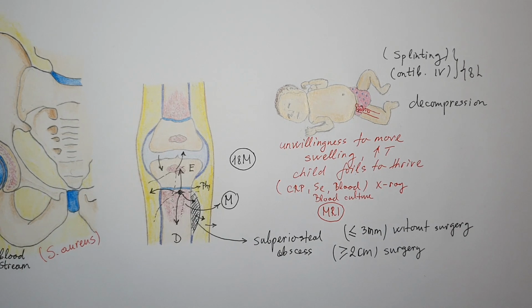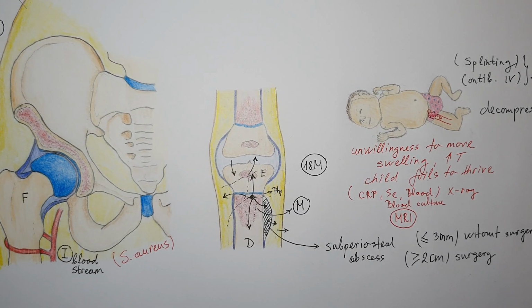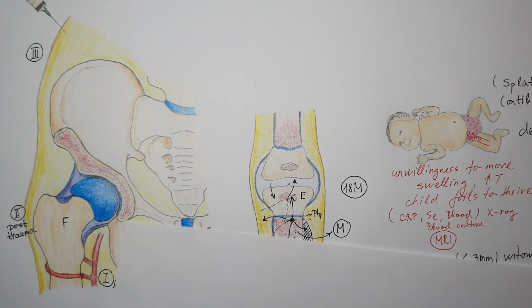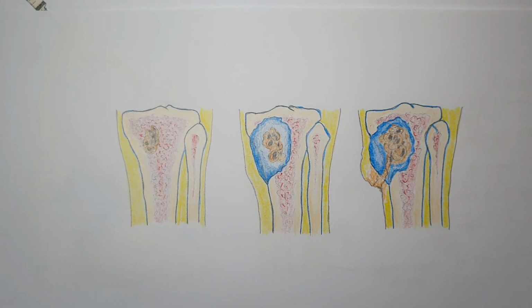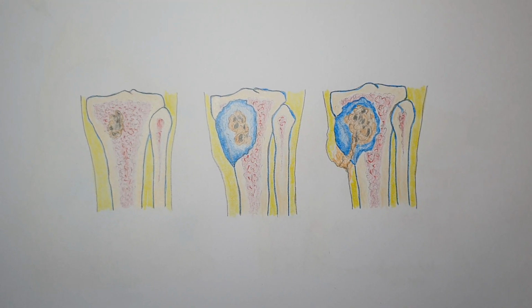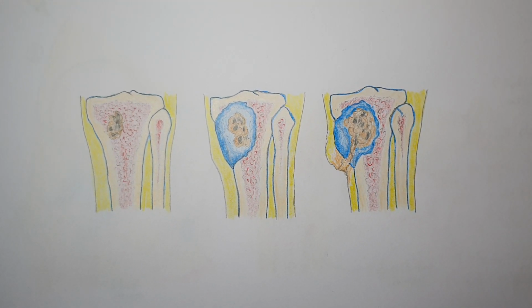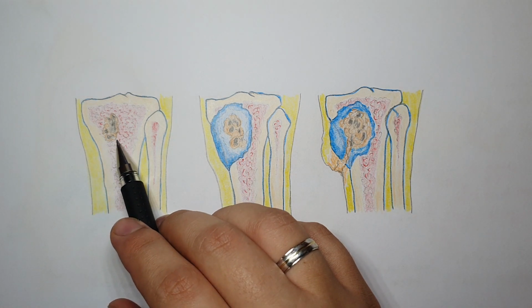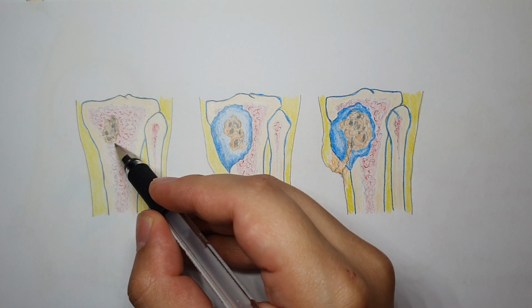If the infection of the bone becomes a chronic problem, the bone can change, and these changes are easily visible on x-rays. First of all, we have an infection.